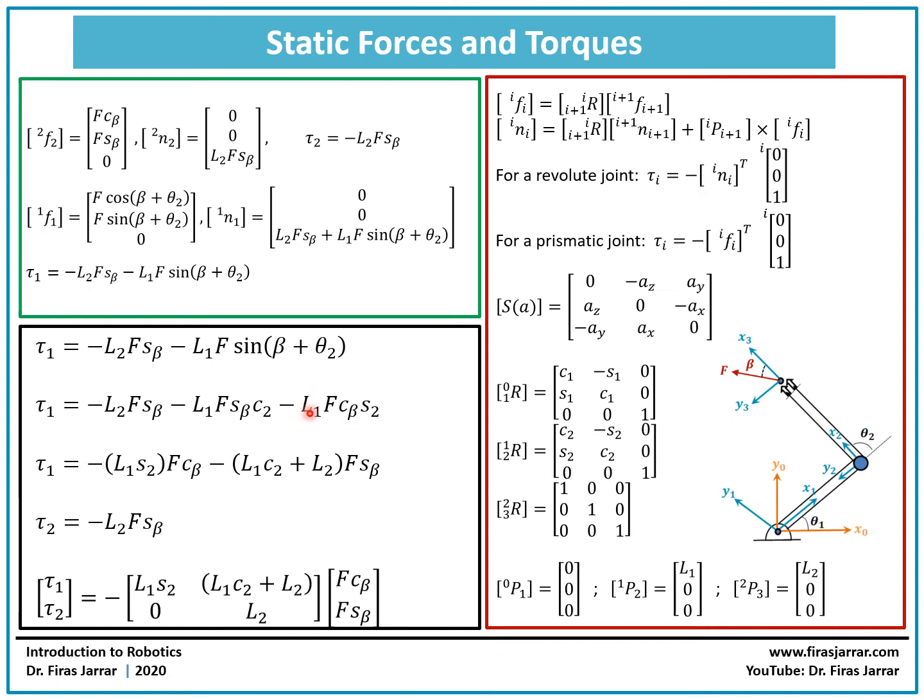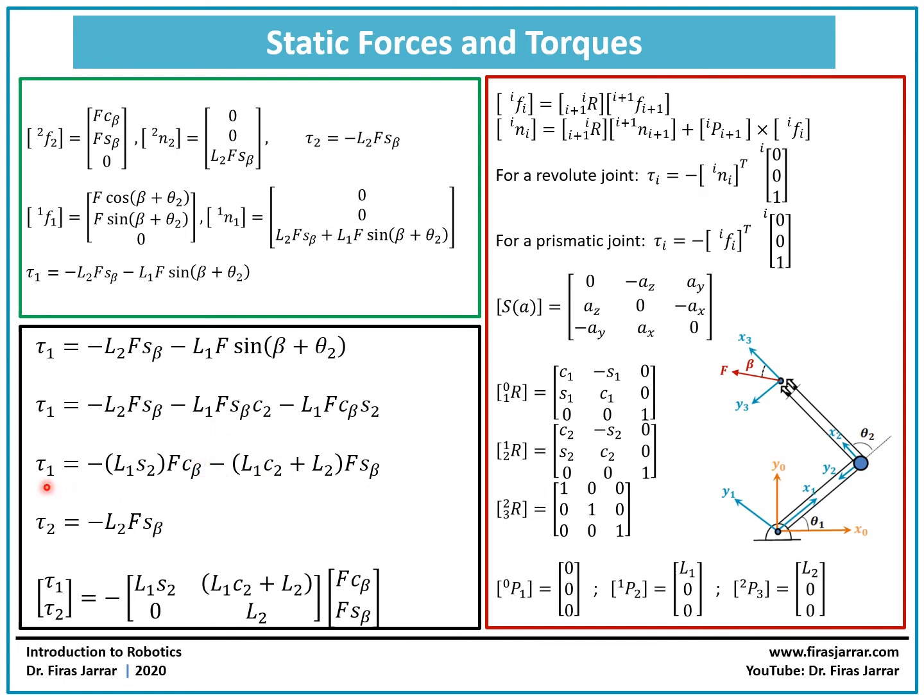We have only one term that has cosine beta here. So we'll have F cosine beta multiplied by minus L1 sine theta 2. And here we have the two terms that have sine beta. So we will have minus L2 and minus L1 cosine theta 2.